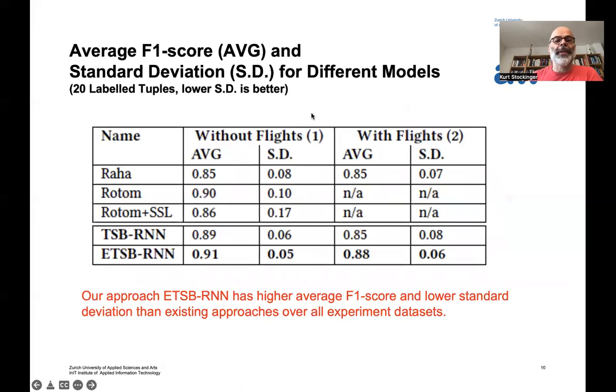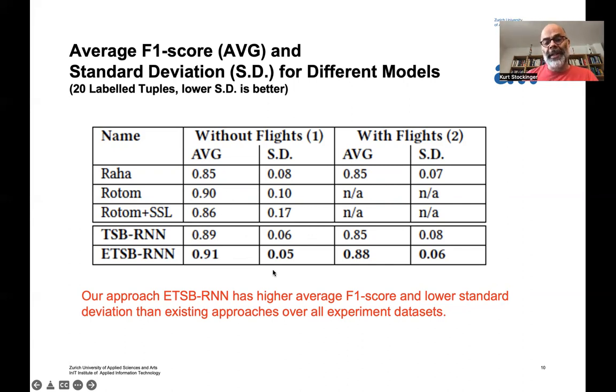That's why we took the average F1 score over all data sets. We have done two versions. One is without flights, because for instance Rotom does not evaluate on the flights data set, and the other one is with flights. If you take the average score over all data sets and then measure the F1 score, we see that our approach slightly outperforms the other approaches.